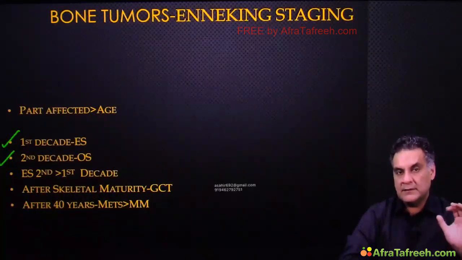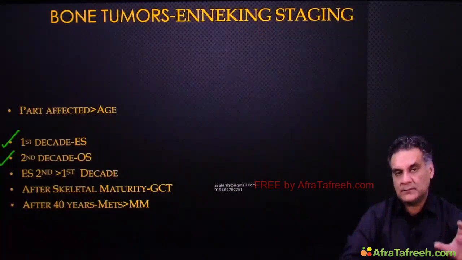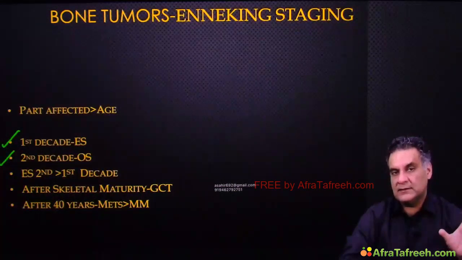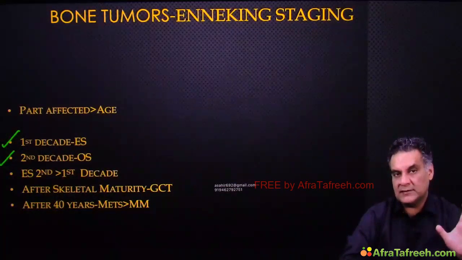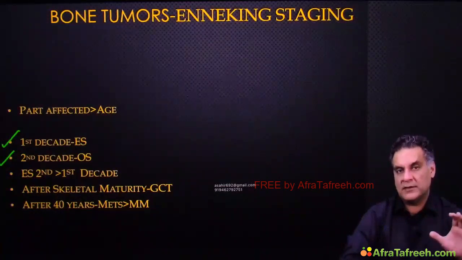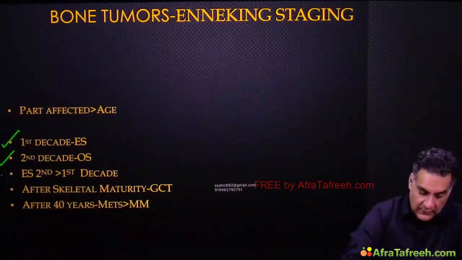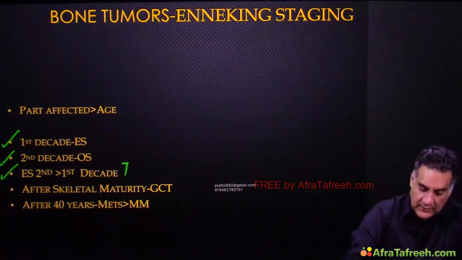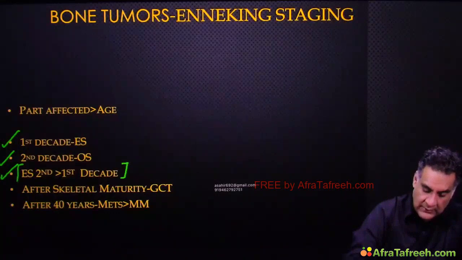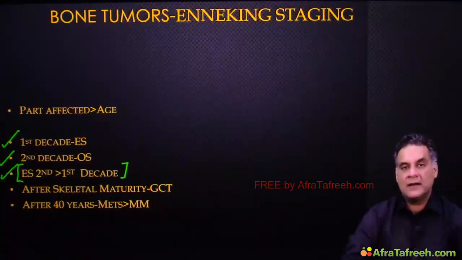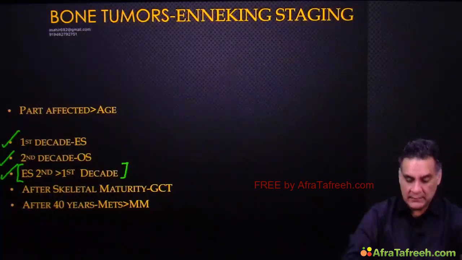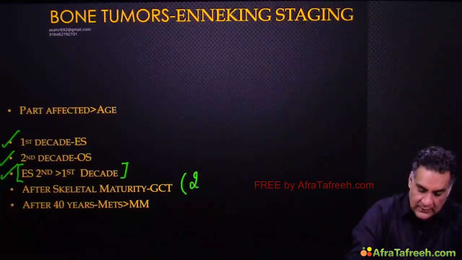But if we just look at Ewings, although Ewings is the most common tumor of first decade, you will see more number of cases of Ewings in the second decade. So Ewing sarcoma, second decade more than the first. After skeletal maturity, they say this age group is 20 to 40, mean age 30.